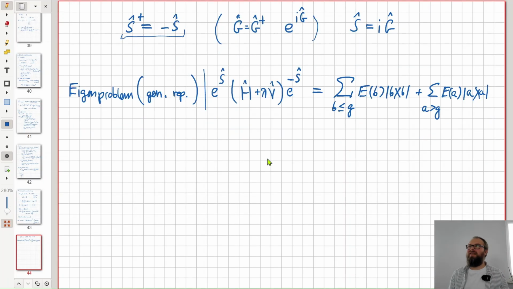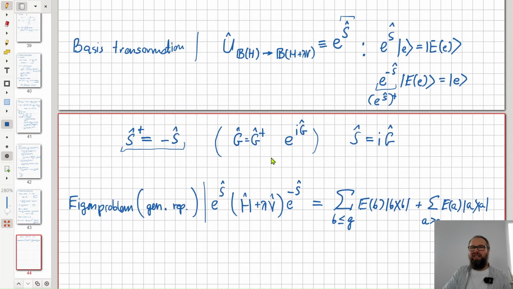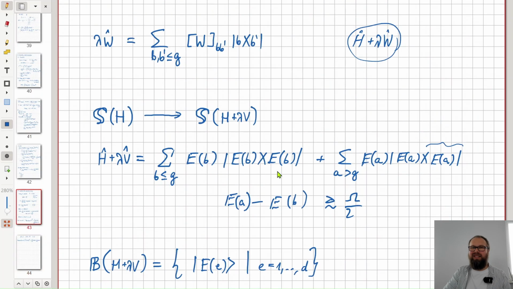Can I ask something really quick about the annotation? Are those eigenvectors or projectors the same as for the previous Hamiltonian? Yes, and perturbed. So you can imagine that this is a spectral decomposition for eigenvectors of the perturbed Hamiltonian.